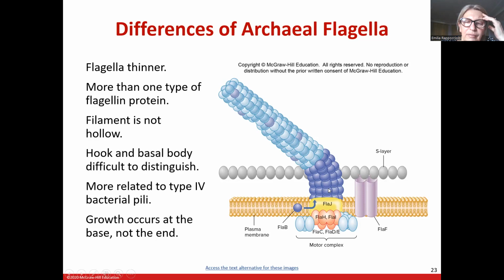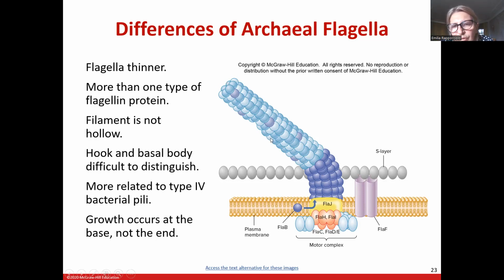I don't know if you remember yesterday when we were discussing the flagellum of bacteria, we said that the flagellin is made in the ribosome and then it goes out through the hollow tube, and it adds to the length of the flagellum from the tip.